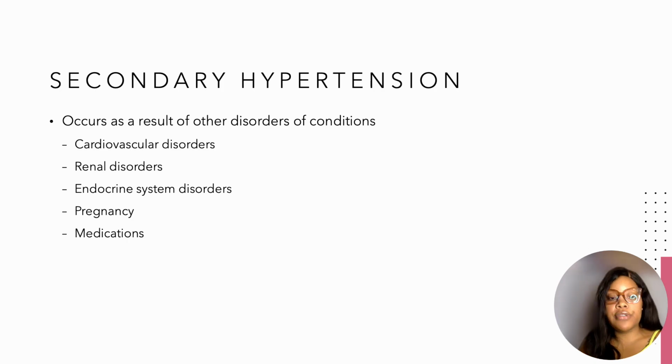If they have renal disorders, endocrine disorders, even pregnancy, it's the reason why their blood pressure could be high. That's secondary. Or even let's say you're taking a medication and your blood pressure is high because you're on this medication. This is secondary hypertension. So remember, secondary hypertension is related to something else. It is related to another disorder.